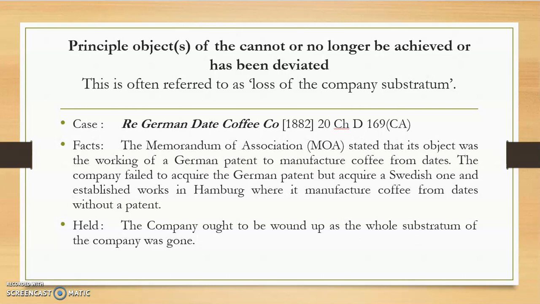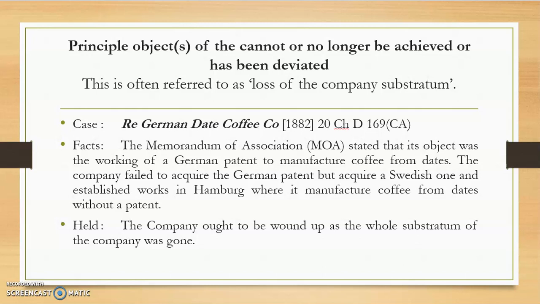But then the company failed to acquire the German patent, and instead acquired a Swedish patent and established works in Hamburg, where it manufactured coffee from dates without a patent. So their main purpose was to obtain a German patent, but they failed. So the court held that the company ought to be wound up as the whole substratum of the company was gone. So basically the principal object you can no longer achieve.